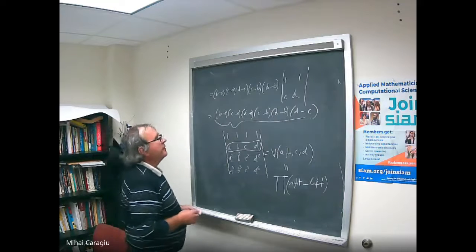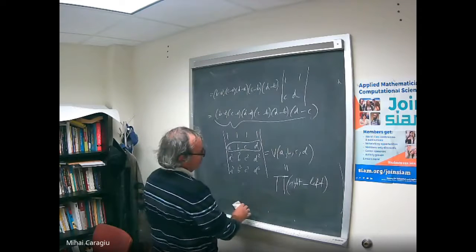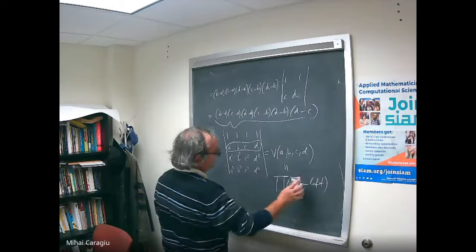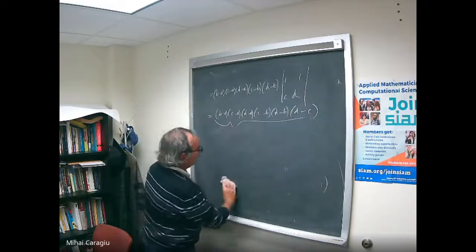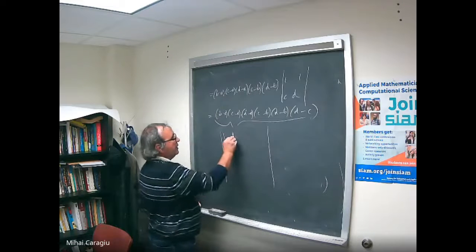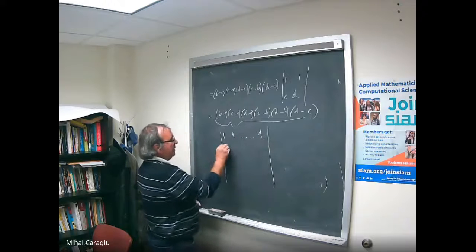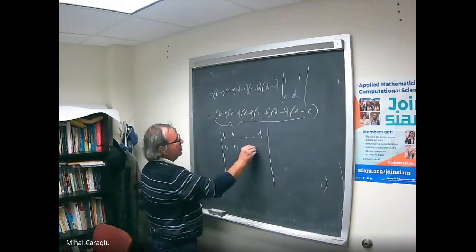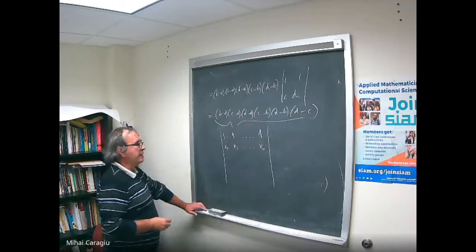Okay, so if we want a more formal way, we can say, let's see, the Vandermonde determinant of 1, 1, 1, x1, x2, xn. Determinant of an n by n Vandermonde matrix, right?